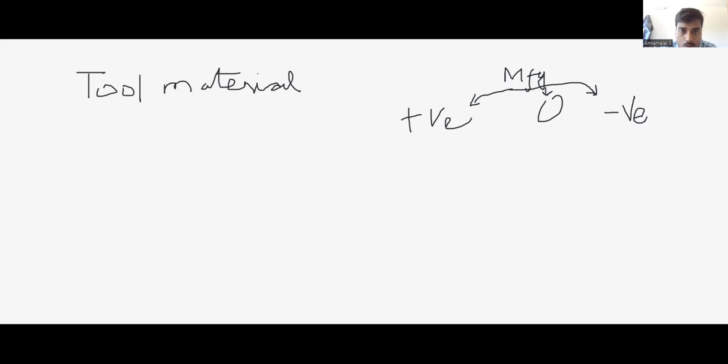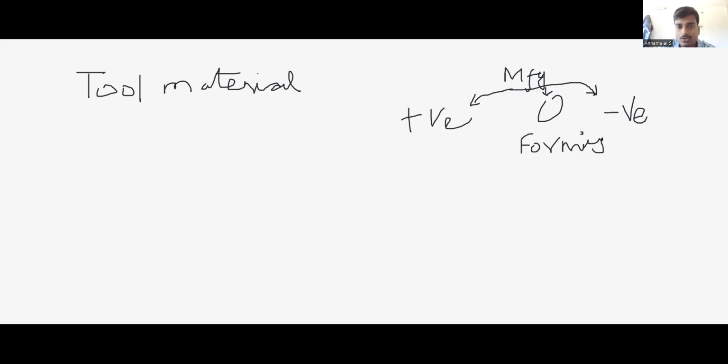We are not going to add material or remove material, we just change the shape. That is a zero manufacturing process. All the forming operations come under zero manufacturing process. Forming operations means forging, rolling, extrusion, wire drawing, where the material is neither added nor removed.